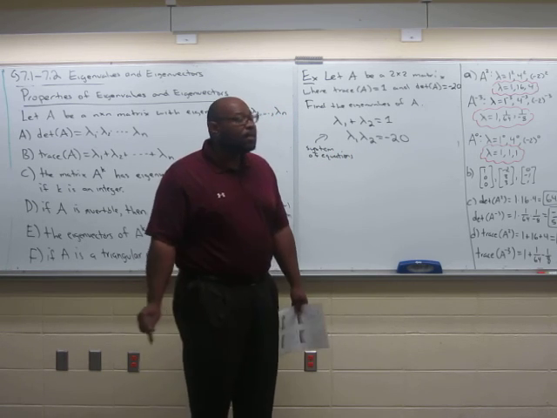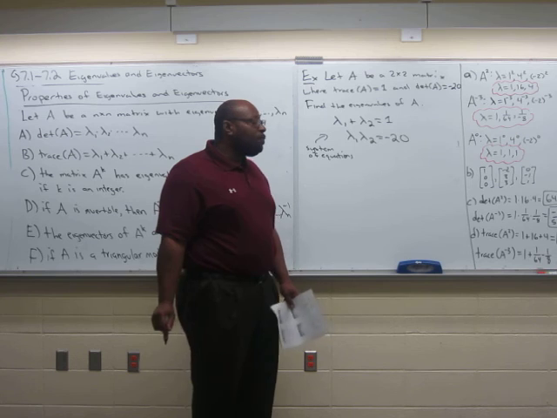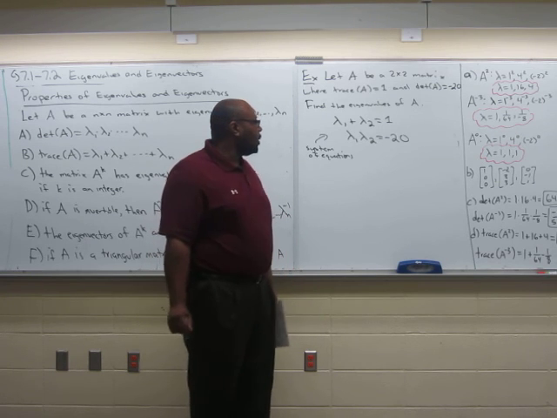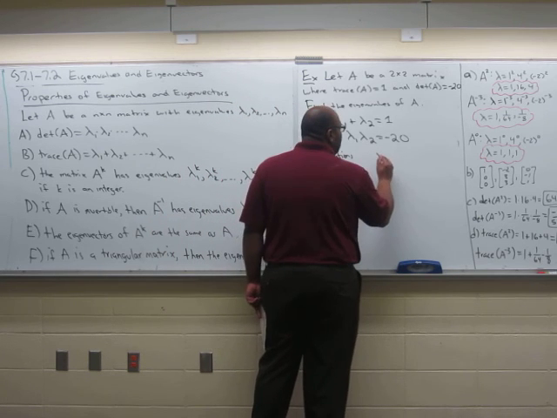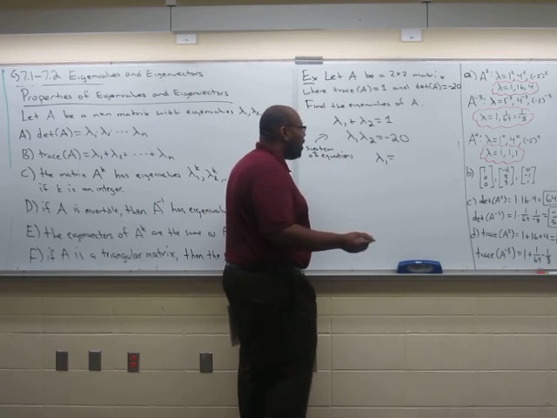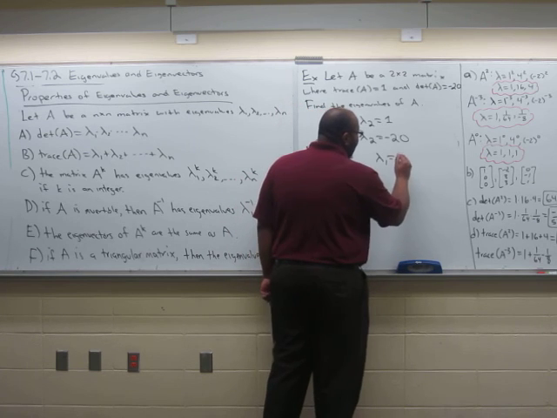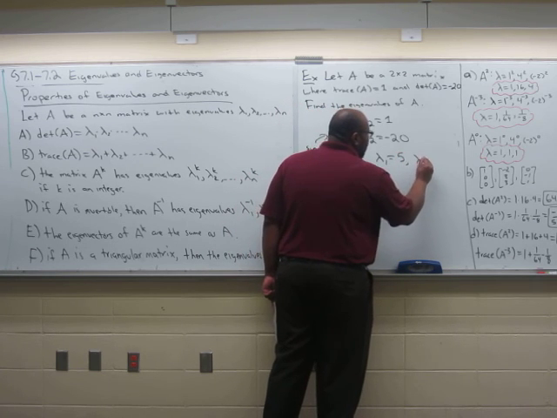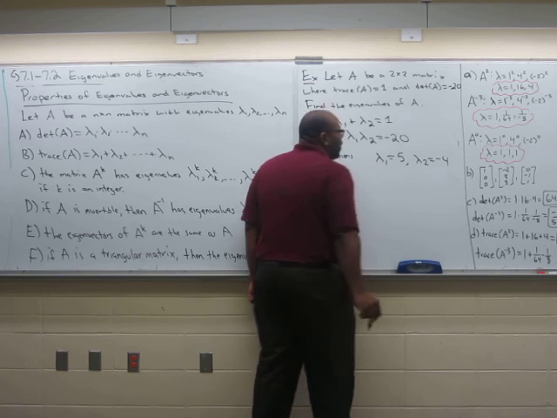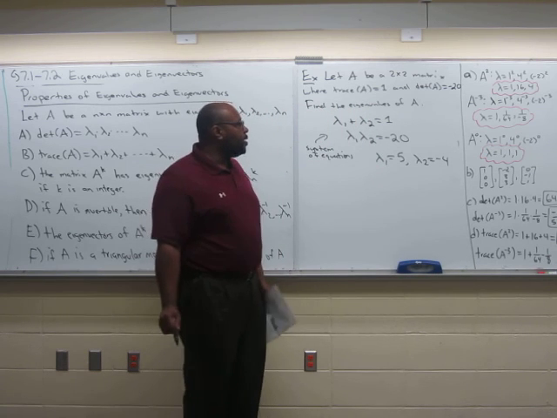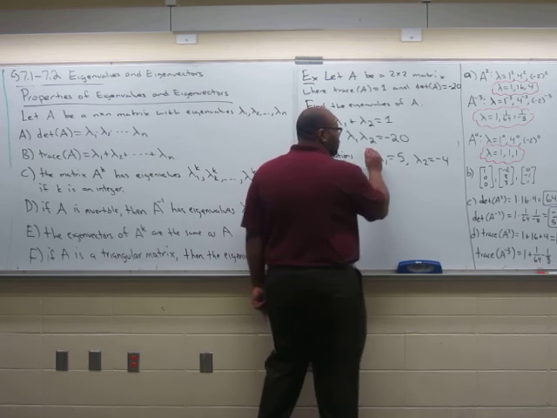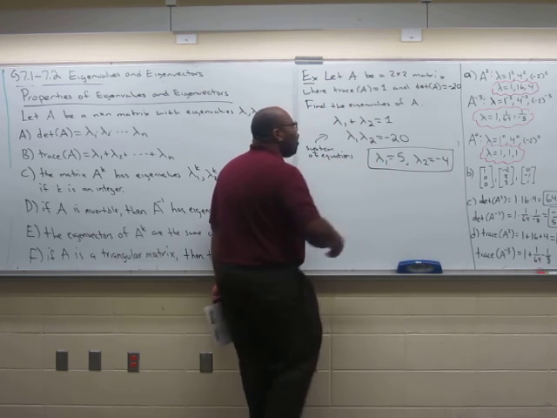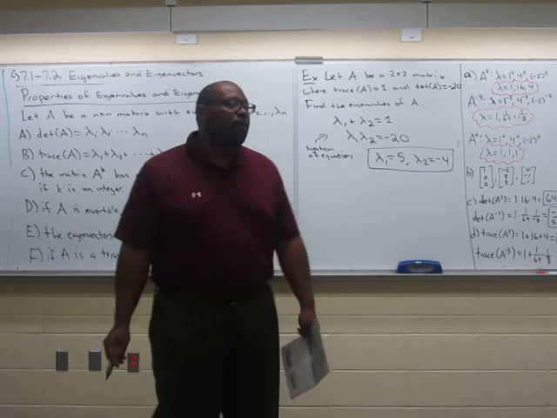What two numbers add to 1 but multiply to negative 20? The answer is lambda 1 being 5 and lambda 2 being negative 4. 5 plus negative 4 is 1. 5 times negative 4 is negative 20. Or I can use my calculator to solve for these two things.